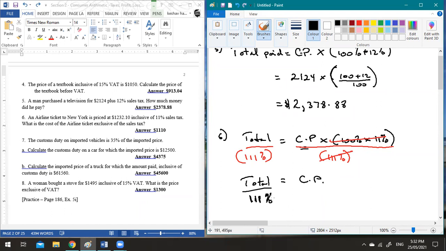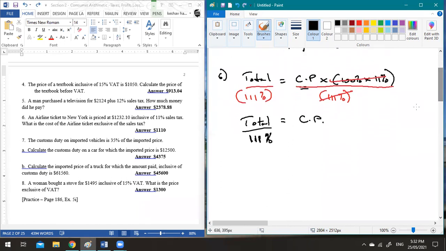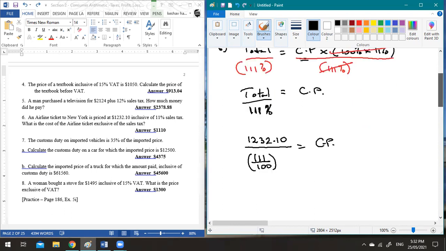So let me fill it in now. The total amount paid was $1,232.10 divided by 111 over 100. I'll put this in a bracket. Will be equal to the cost price.